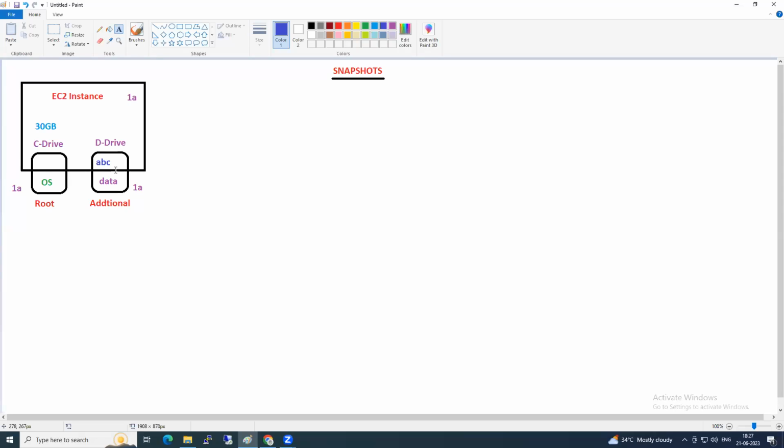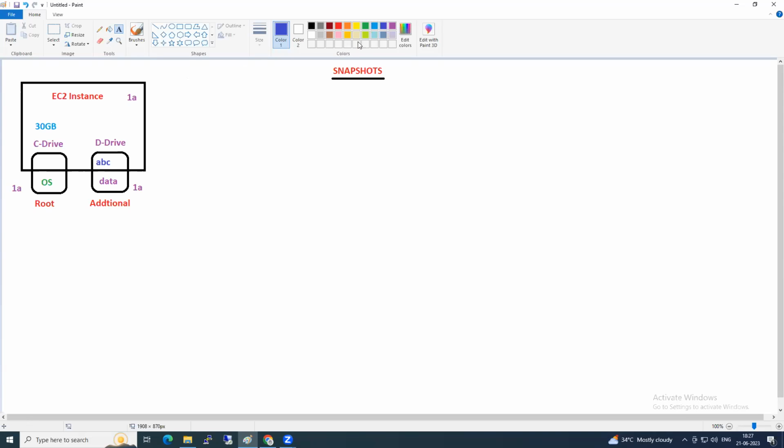No, what happens if the entire D drive goes off? I'm not taking the backup in the machine, I'm taking it from outside. These are all volumes; volumes are attached, volumes can be detached. They are external, network attached drives. If you want to take the backup, that is called a snapshot.